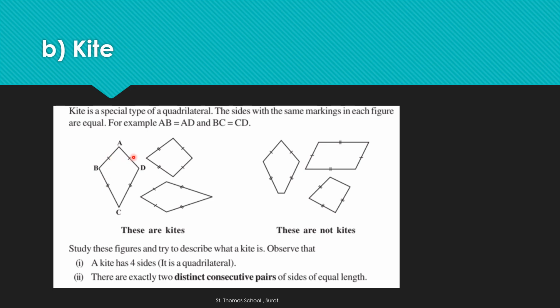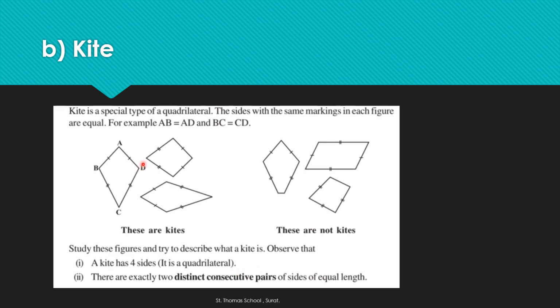So either these two are equal or these two are equal, or we can say these two are equal and these two are equal. So that is called consecutive pairs. So kite means that it has four sides and exactly two distinct consecutive pairs of sides of equal length. So this definition also you have to write in the geometry book.